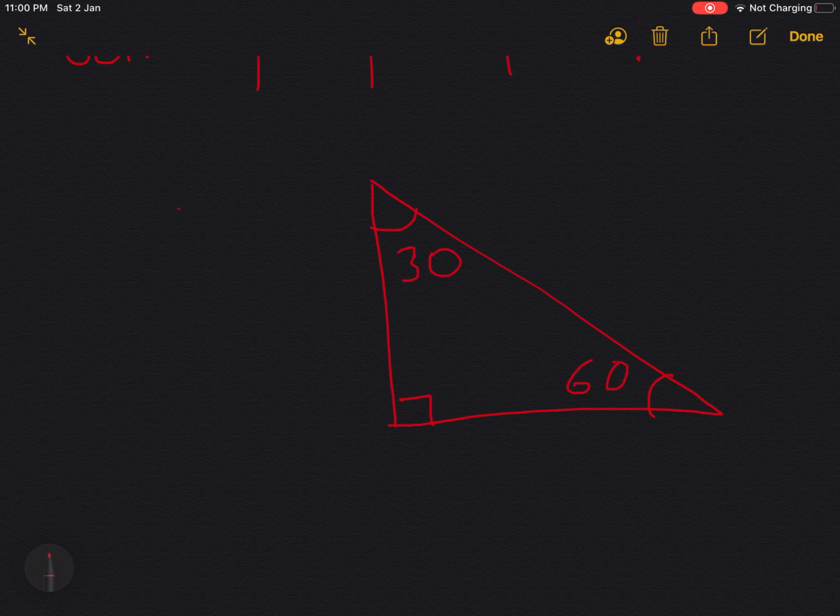Now this might be the tricky part. Remember, down here has a value of 1, this side is square root 3, and the hypotenuse is 2. Now if you can reproduce this triangle, and obviously remember the expression SOH CAH TOA, then you can easily figure out the value of sine 60.